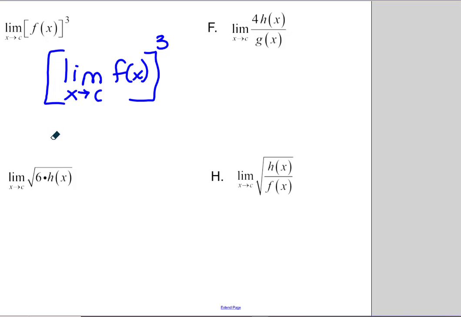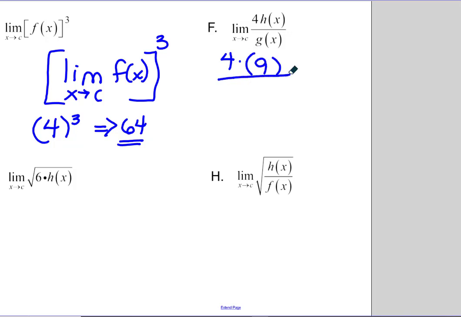So the limit of f was 4, and now we can cube that, and our final limit would be 64 in this case. And this one was similar to letter D, so 4 times the limit of h of x, which was 9, divided by the limit of g of x, that was -3, and 36 over -3 gives us a limit of -12.